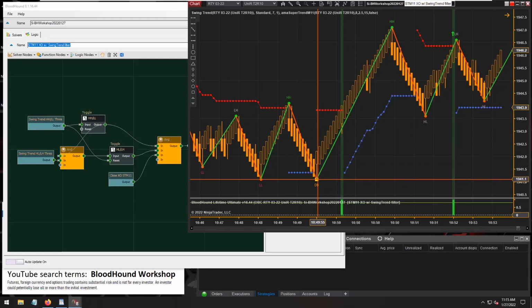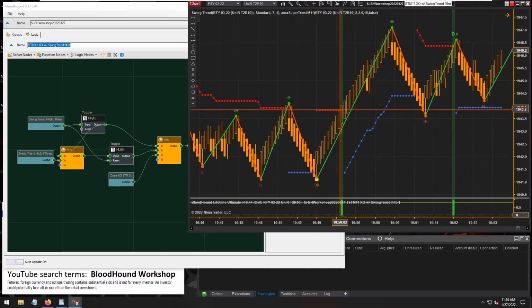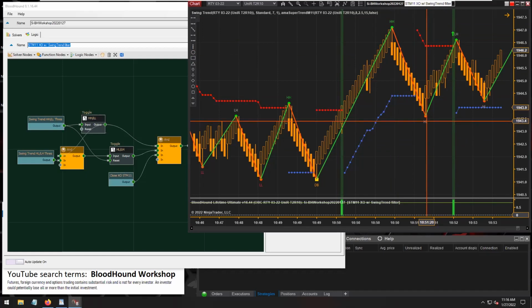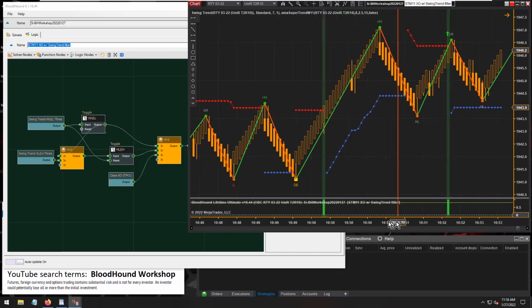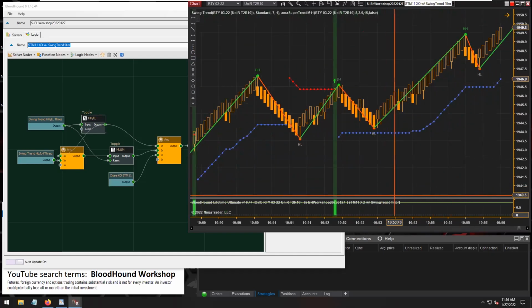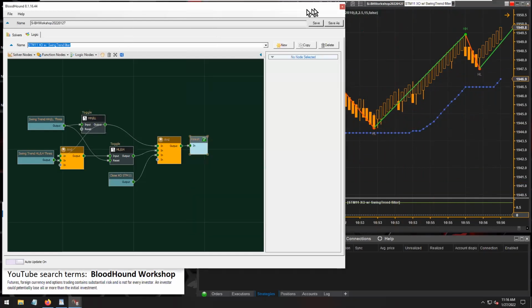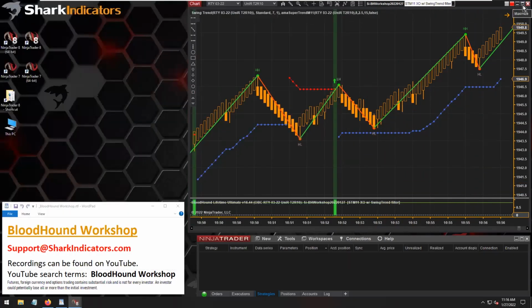But I imagine that's probably okay because double bottoms are typically considered reversal points, at least in the broader markets. So there's a long signal. We had a higher high, higher low, and then price crossing the super trend. All right, so let me close that out.